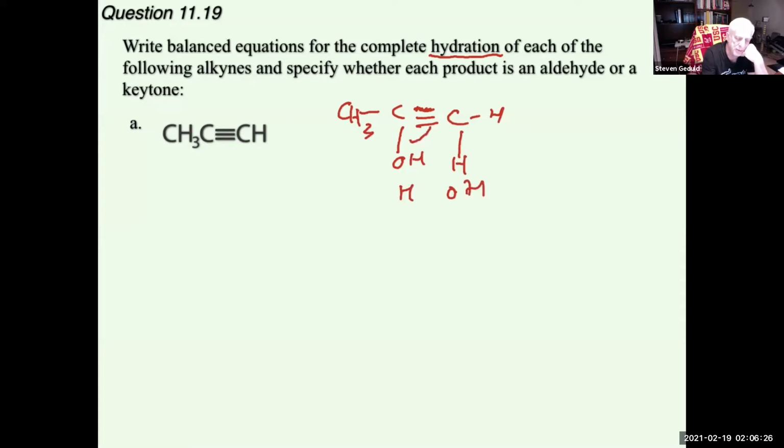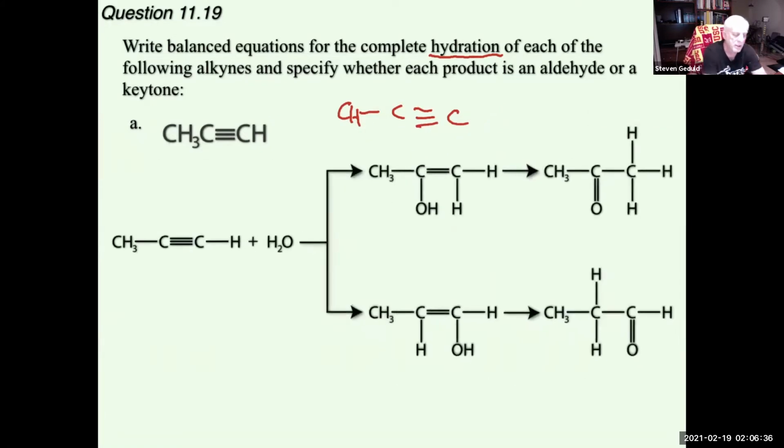So the bond's going to come up here and form a carbonyl group. Okay, and that's what happens. So this triple bond opens up, and now we have a double bond. We put the OH on this side and the H here, and the other possible product is the H and OH here. Okay, you can form two different products.